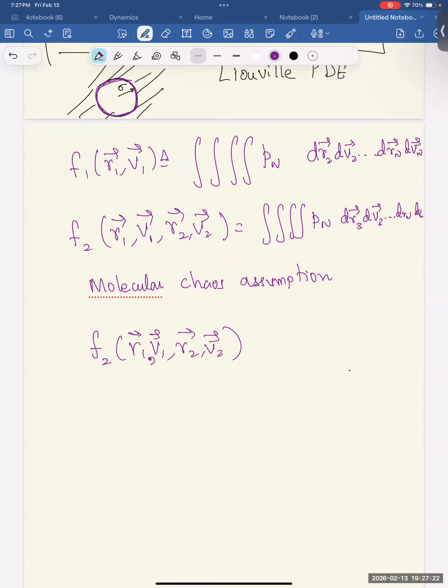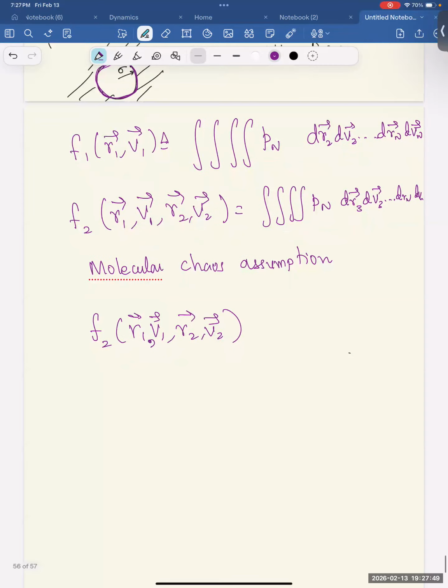You can start with the Liouville PDE and keep doing all of your reductions using the techniques that we showed earlier. But what we will see is that even if you write an equation for F1, it will not be closed, right? You'll have F2 hanging out in the equation. So we introduced what is called the molecular chaos assumption, which roughly translates to something like this. Again, please take a closer look at the notes.